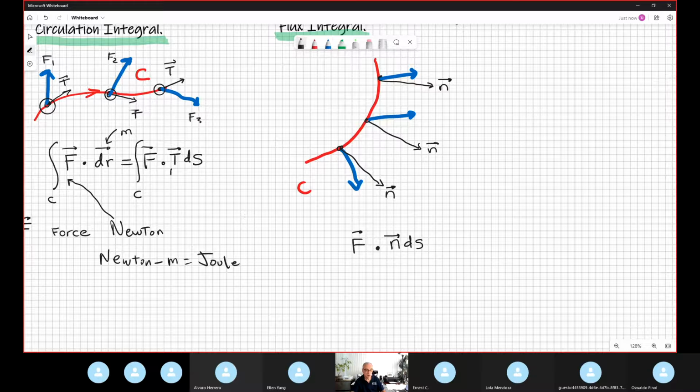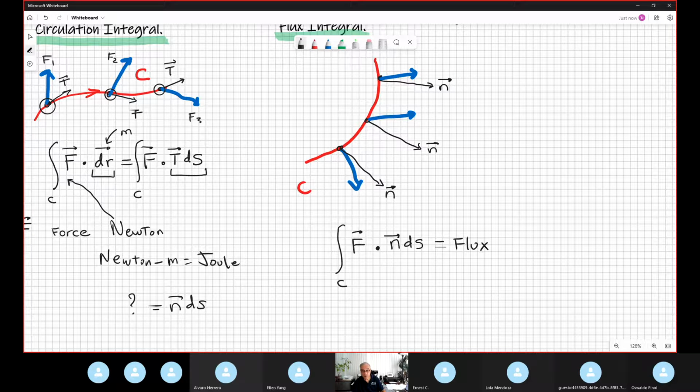For example, T ds is dr. However, n ds has no name. But basically, the idea is clear. When you perform the dot product and you integrate, this is the magic idea. It is the Riemann sum, and you get the flux integral.